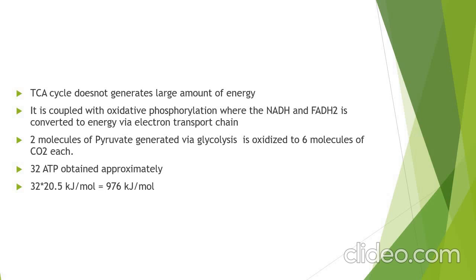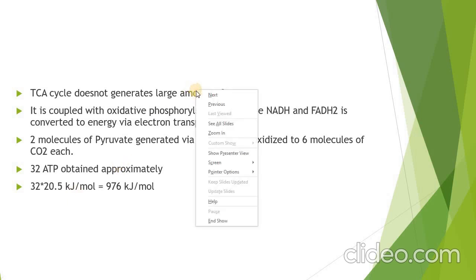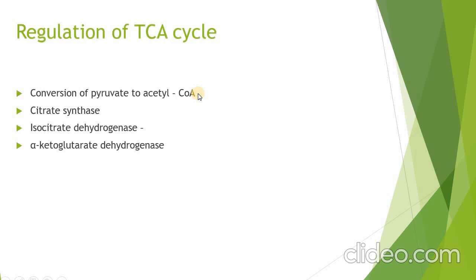Okay, so the 32 ATP produced results in 976 kilojoule per mole of energy. So that is how much energy is produced via this TCA cycle.